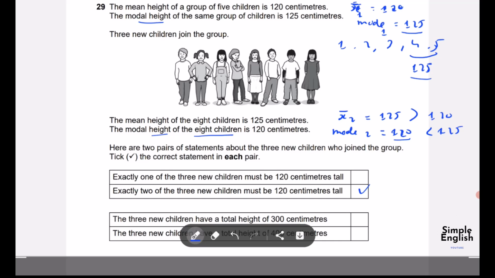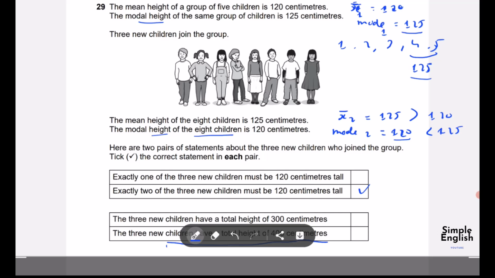How about the second pair? The 3 new children have a total height of 300 centimeters, or the 3 children have a total height of 400 centimeters.